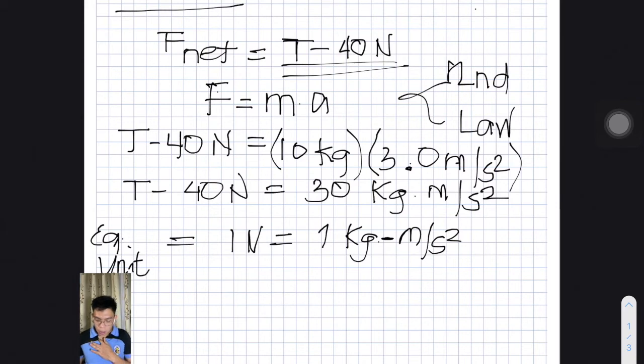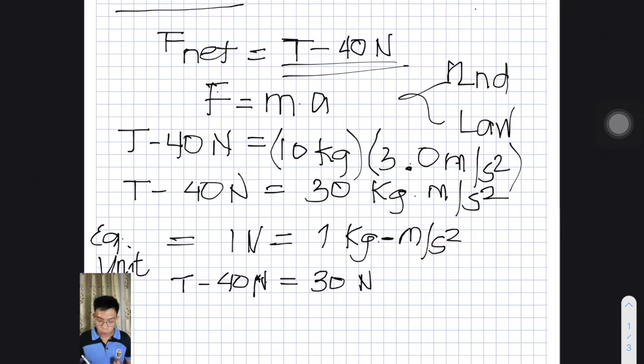Okay? And therefore, 30 kilogram meter per second squared is safe to say the same as 30 newtons. So let's rewrite it. T minus 40 newtons is equal to 30 newtons. Is that clear? Okay, so T minus 40 N is equal to 30 newtons.